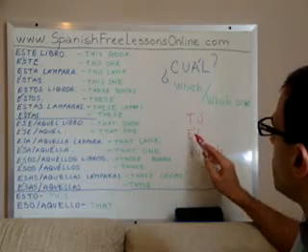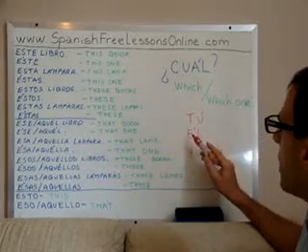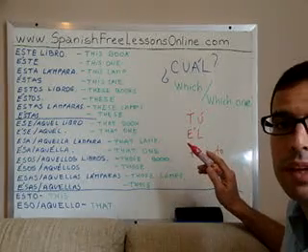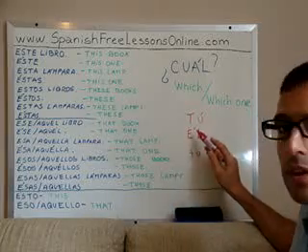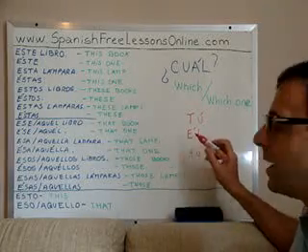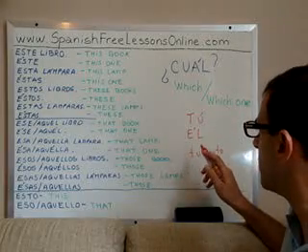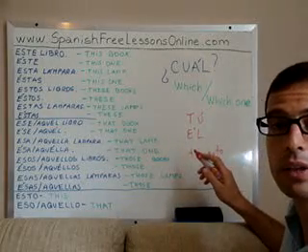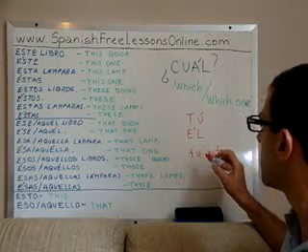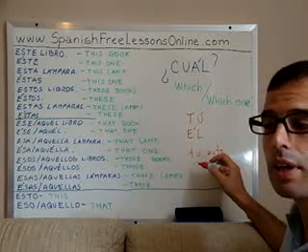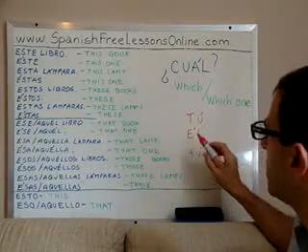And with él or he, when él means he, it has a tilde. When el is an article, right? Definite masculine singular article, then it does not have a tilde.